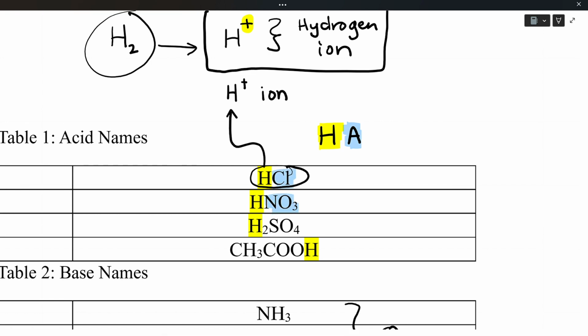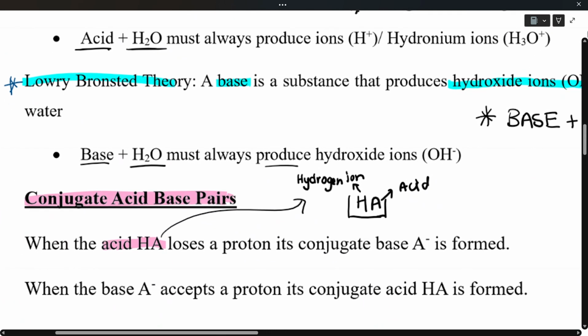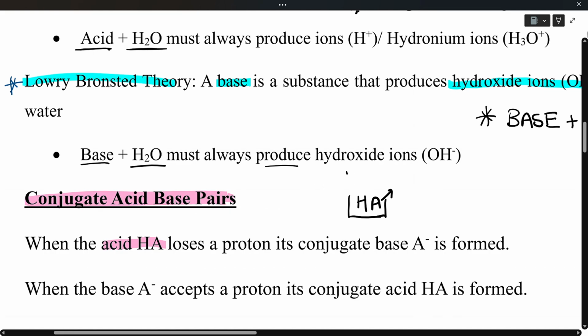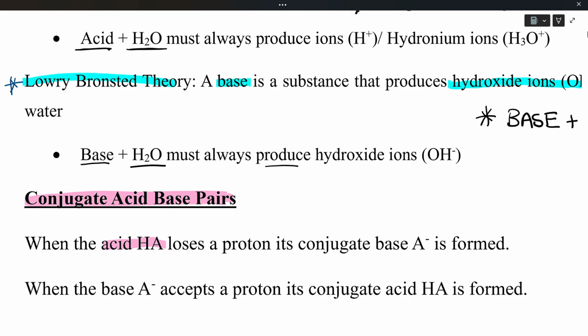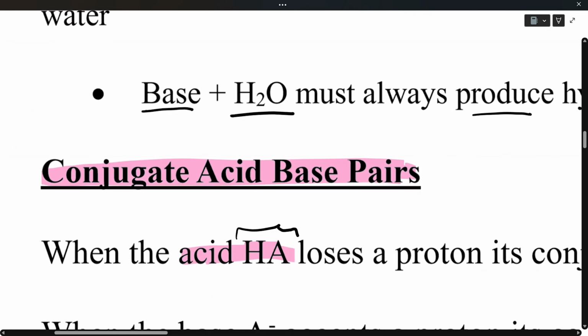So it might be chlorine, might be NO3, might be SO4, or it might be that. Okay, so just understand that. So HA is not a compound, it's just a placeholder to represent an acid. So you can even write down here, this represents an acid.